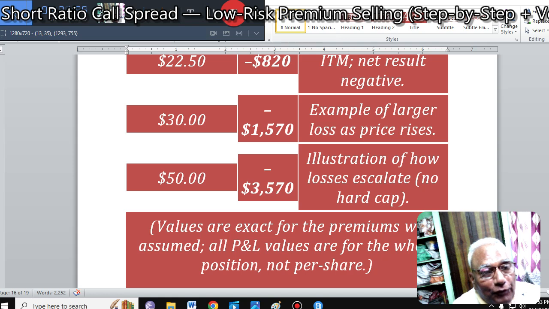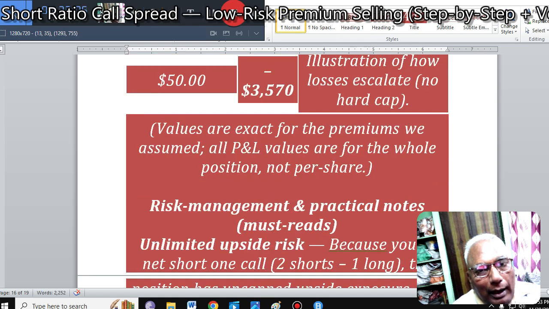To illustrate, $50.00: minus $3,570, an illustration of how losses escalate. No hard cap. Values are exact for the premiums we assumed. All P&L values are for the whole position, not per share.